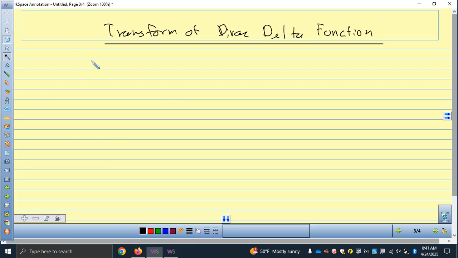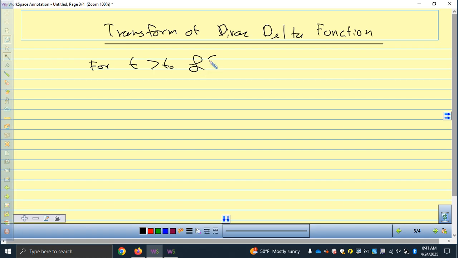So we're going to say for t greater than t0, the Laplace transform of the Dirac delta function, delta of t minus t0, is e to the minus s t0.